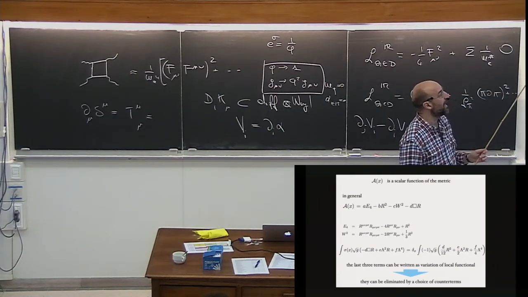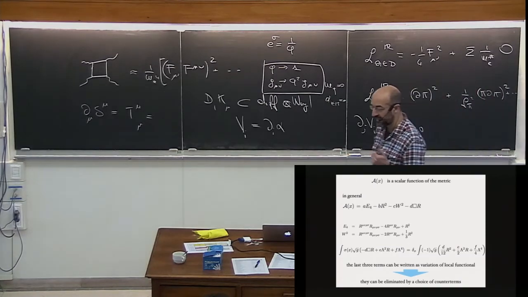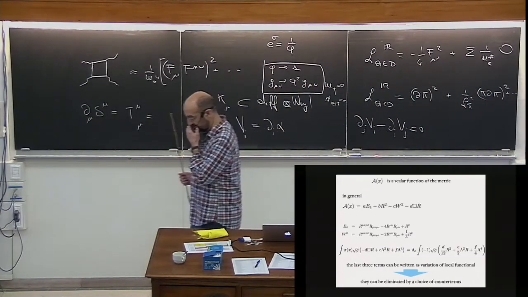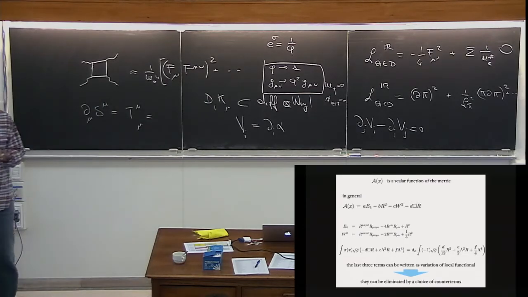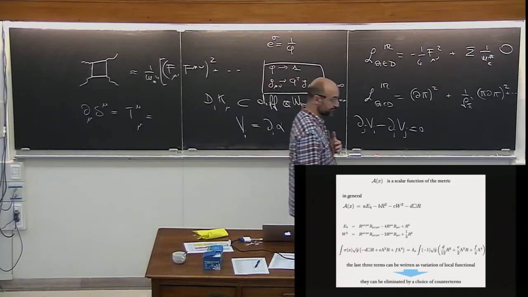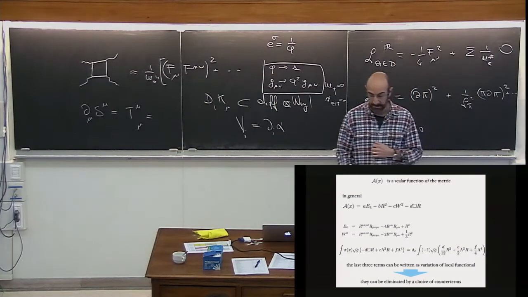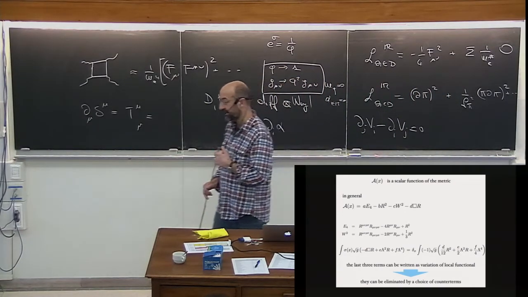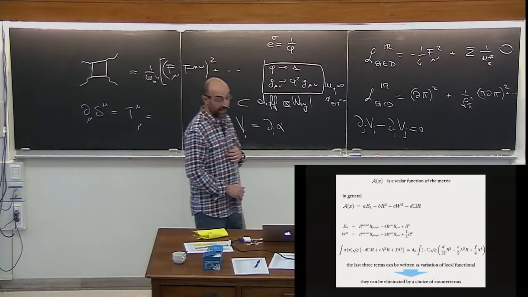Now, what is the general form of the anomaly? Just by power counting, anomalies are associated to divergences, and the only divergences that really matter are logarithmic divergences in quantum field theory.